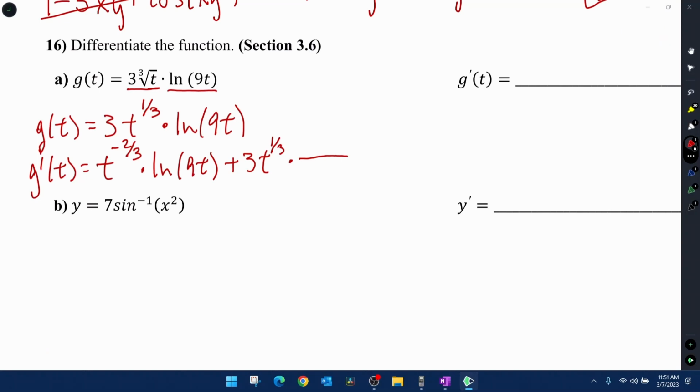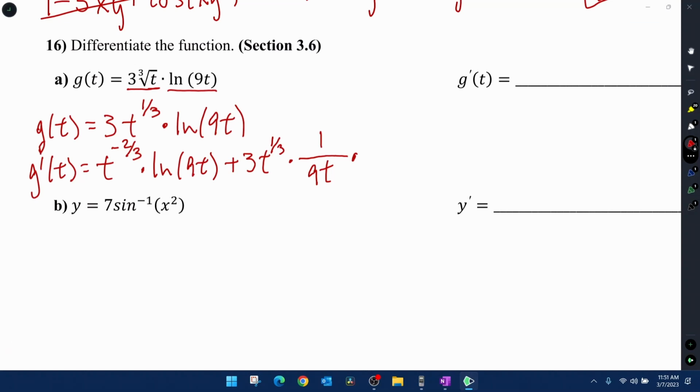Does anybody know or remember the derivative for natural log? Isn't it 1 over x? Yes. Derivative of natural log of x is 1 over x, but what is my x this time? 9t. And since it is 9t, I would need to multiply that by the derivative of 9t.